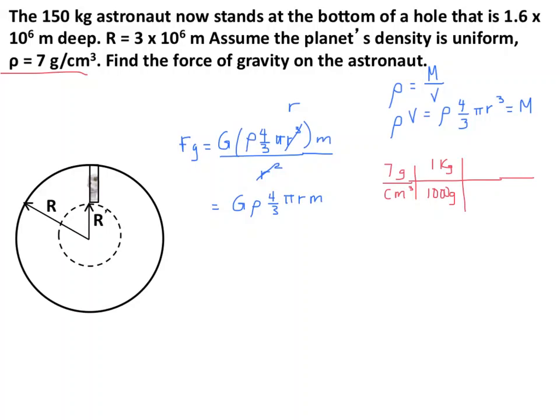And because the centimeters cubed is cubed, we need to do 100 centimeters per meter 3 times. So that our rho is now 7,000 kilograms per meters cubed.